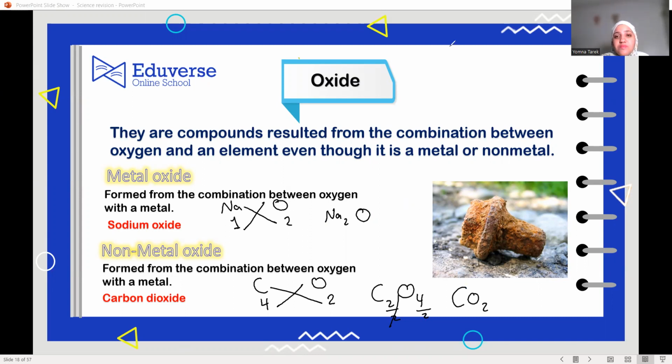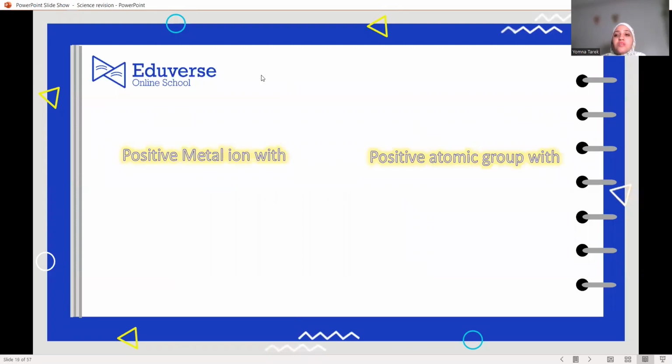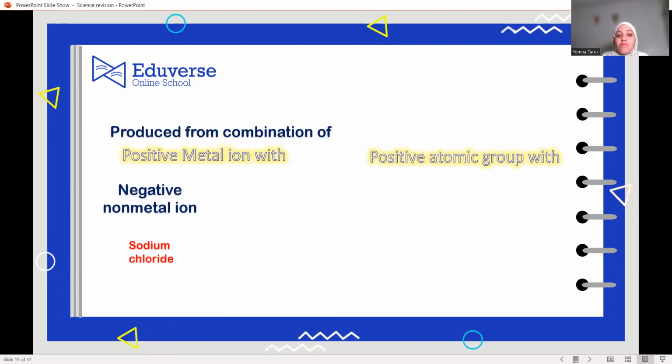Now let's talk about salts. We have different kinds of salts. First, we have salts that we can make by positive metal ion with negative non-metal, like sodium chloride. Sodium is a positive metal, and chlorine is a negative non-metal. Or positive metal with negative atomic group, like sodium nitrate, for example.